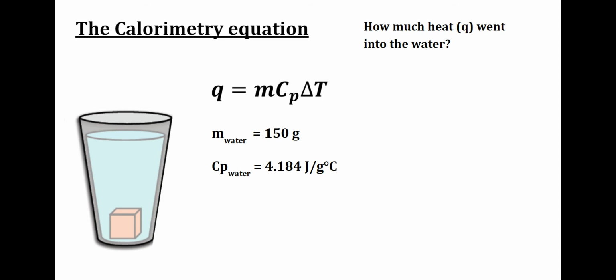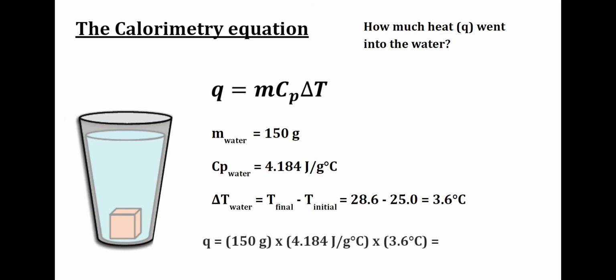That's a constant and given in any of these calculations. And the change in temperature of the water is 28.6, the final temperature, minus 25 degrees, the initial temperature, or 3.6 degrees Celsius.